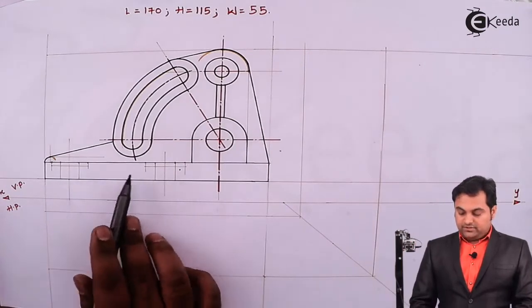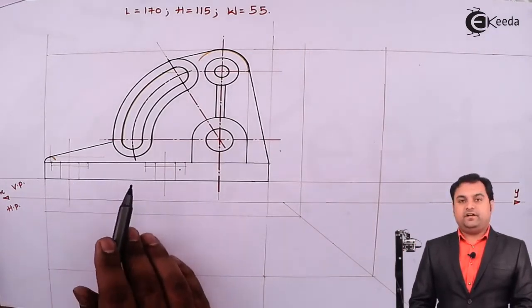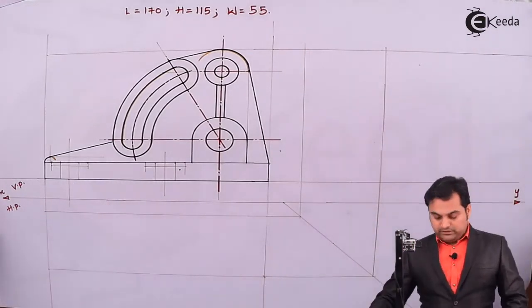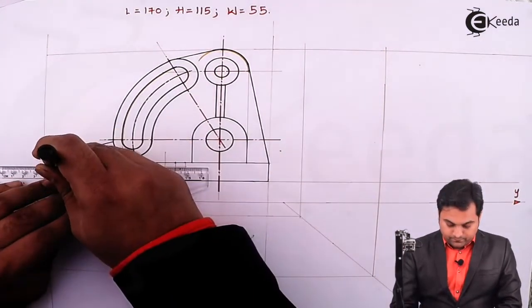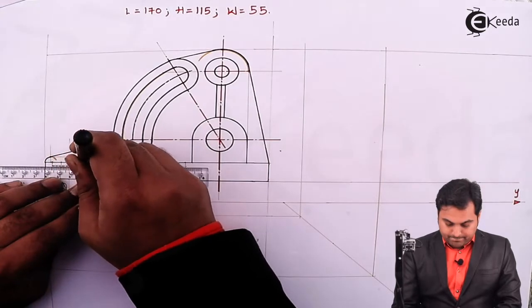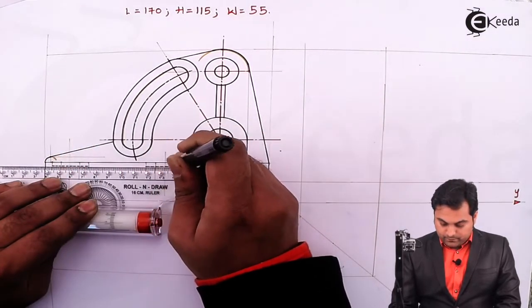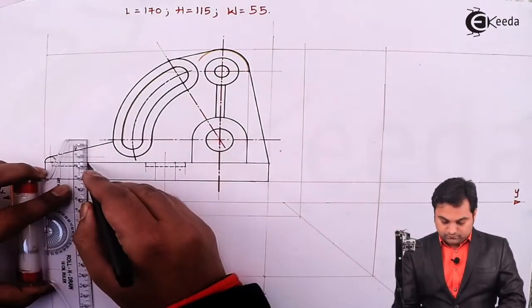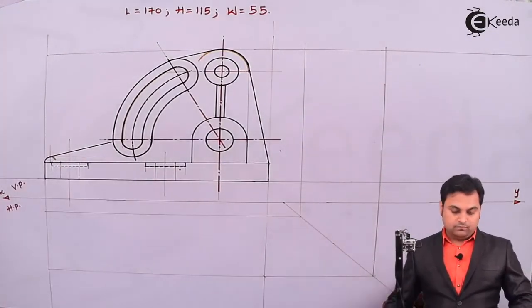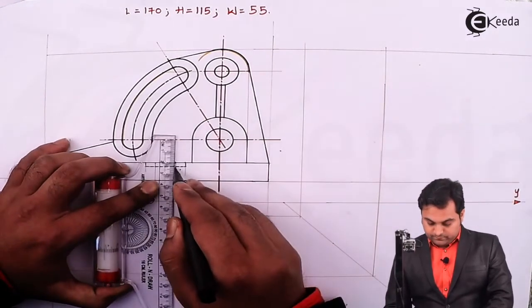Now these two spot faces are hidden, so I'll draw them with the help of dotted line. Then the two holes.